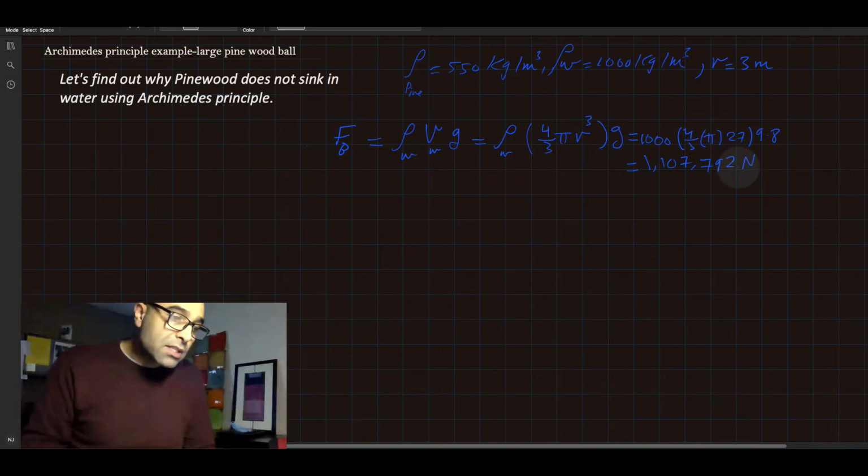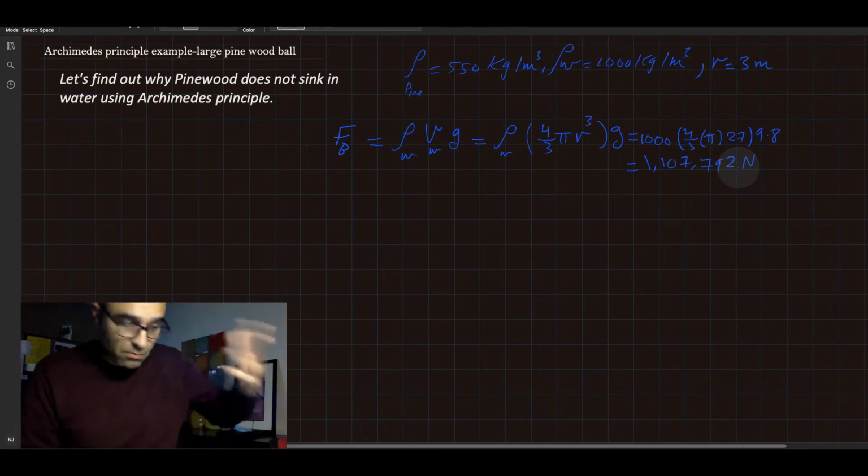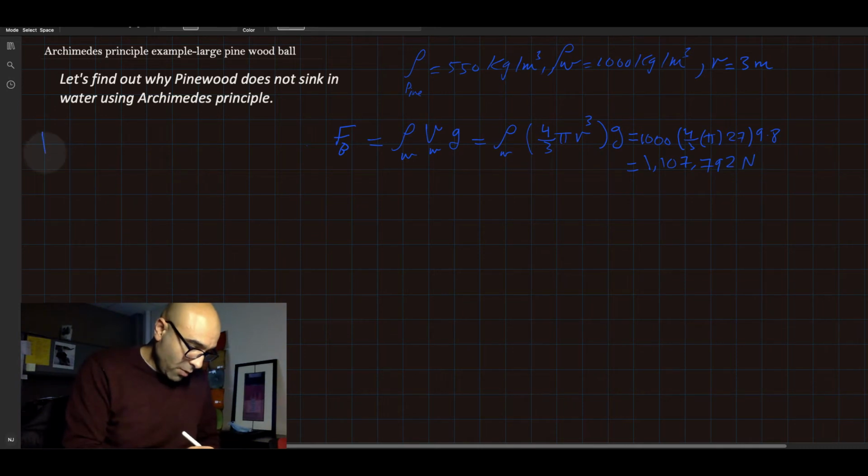Now let's find the weight of the pinewood ball, and that would be equal to the density of the pinewood times the volume of the pinewood times g. The density of the pinewood is 550.